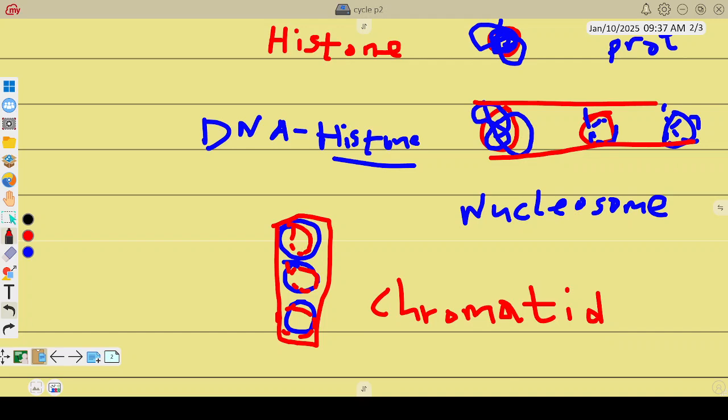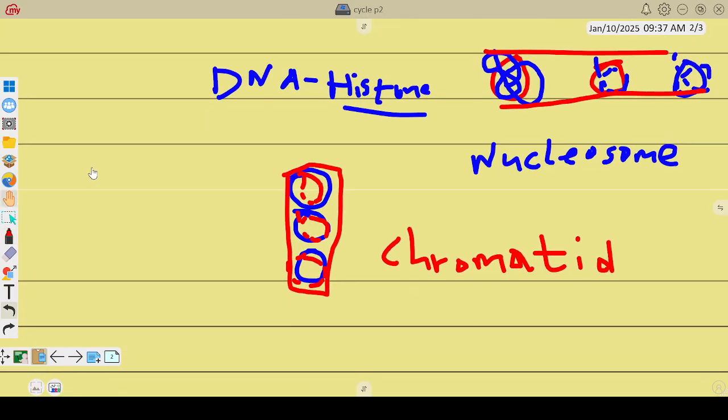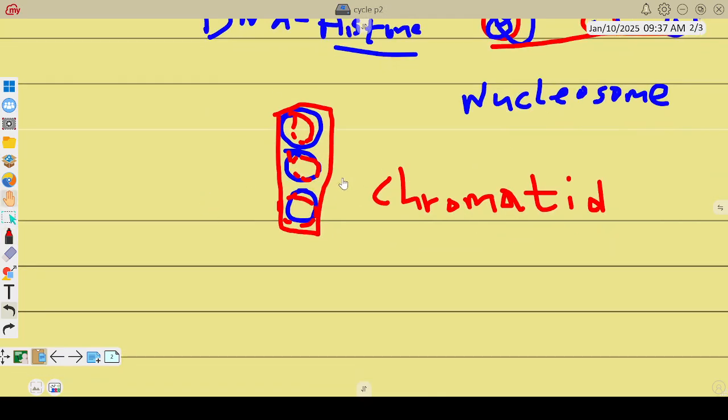Okay, so I hope you have seen where we're going. We're just having the development of the chromosome. So you have now known that this is a chromatide. A chromatide is made up of nucleosomes. Nucleosomes are made up of histones, and histones are wrapped around by genes.